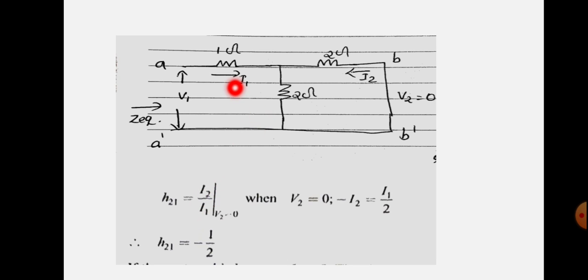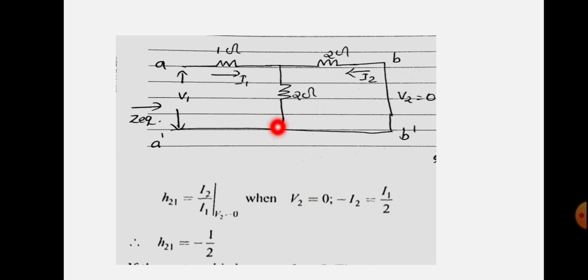When you are going to I1 side, you can see that this is like a T network, and in that case, I1 when reach here, it will be divided into this portion and it will be going to this portion. That means this I1 will be going to lower side 2 ohm and this side 2 ohm. Okay. So here the resistance are 2 ohm. That means equal resistance paths are there.